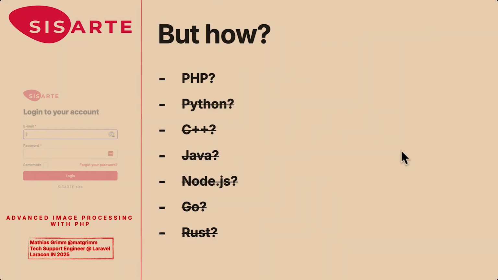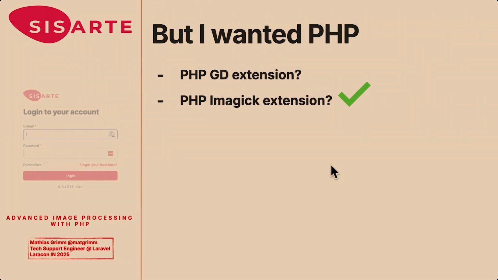So how did I do this? Like I said, I looked into other solutions, but I really wanted it to be PHP. In PHP, you have 2 native image extensions. I don't know how many of you know GD, for example. GD is also pretty old, and it's simpler.